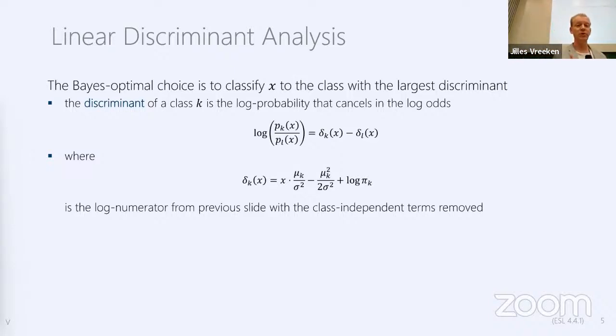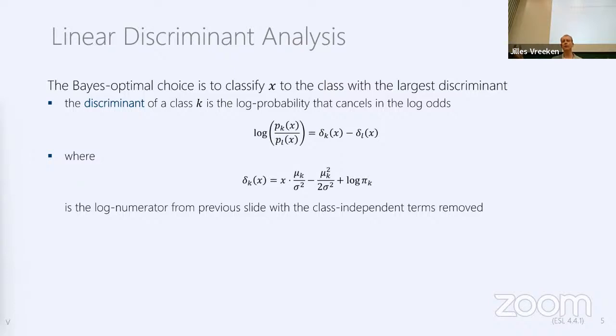Then the Bayes optimal choice is to go for the class that has the largest discriminant. The discriminant is this function that we just saw, and now I call it delta_k. And now I look between the two classes, and I can do this between every pair. If one of the classes really says, this is mine, and the other says, I don't really care about it, then you clearly should go for the class that says it's mine.